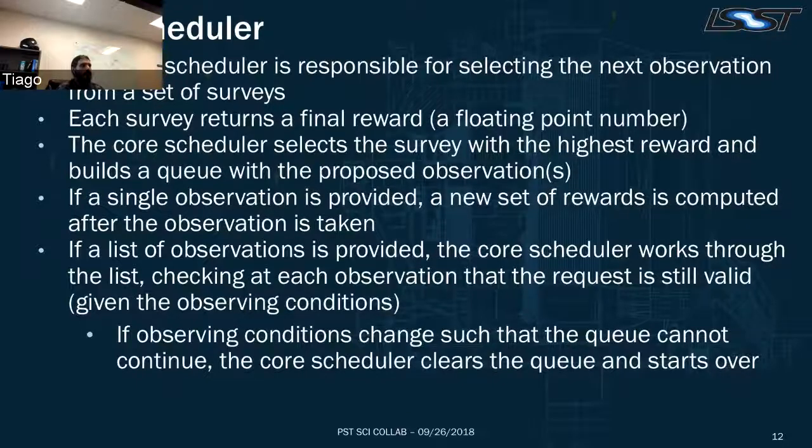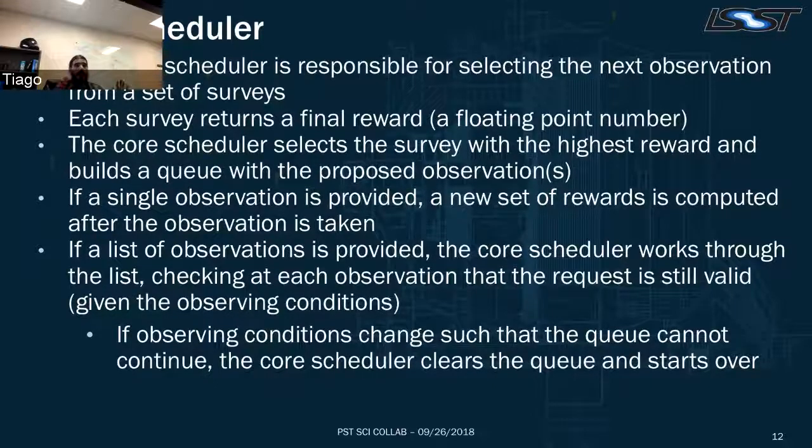The core scheduler checks that with the survey before proposing the observation. And if the survey tells the core scheduler that the observation is not valid anymore, then the core scheduler clears the queue and starts over, which means it goes to all the surveys and asks for a new observation.